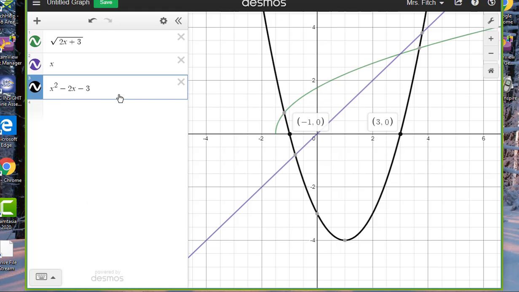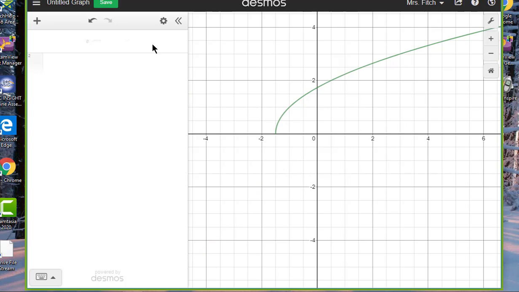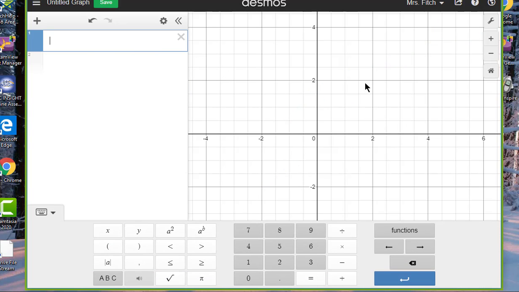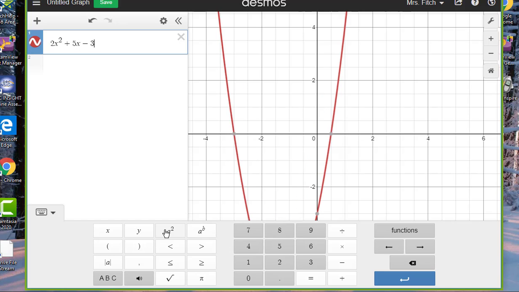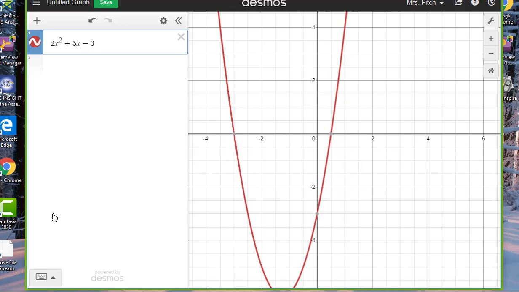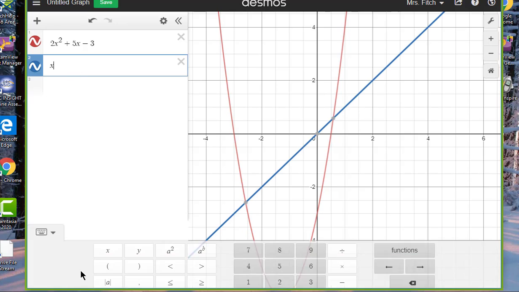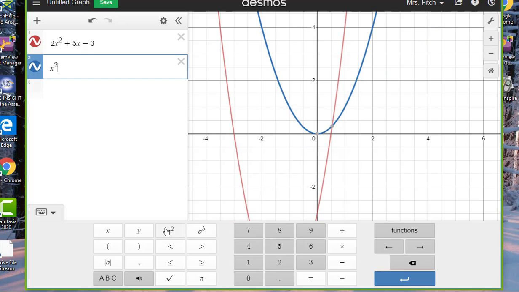So we're going to slip back over here to Desmos, right? And then, so what do we got? 2x squared plus 5x minus 3. And we can make sure we put it in right. Should it be a quadratic? Yes. Should it be opening up? Yes. And then our second one was x squared plus 4x plus 3.